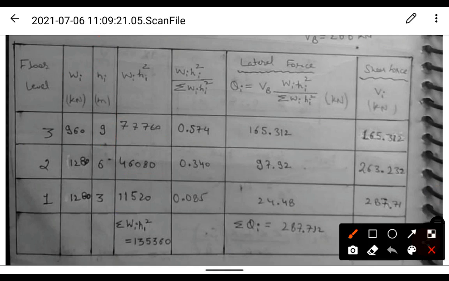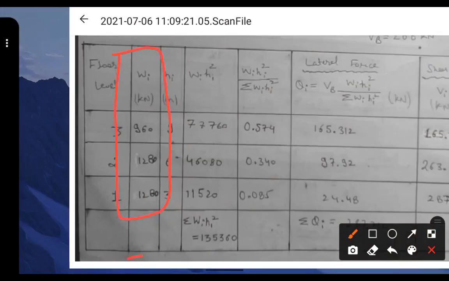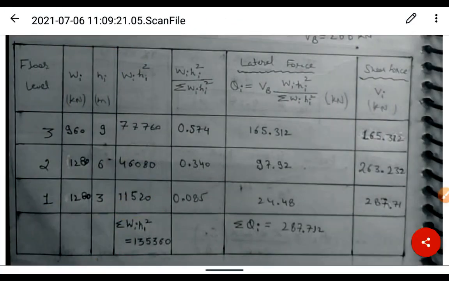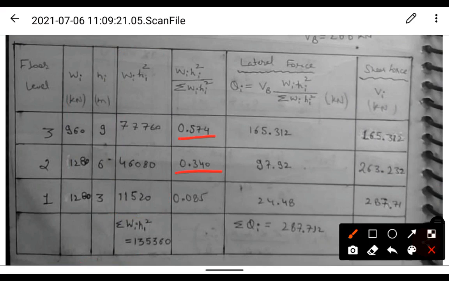After that we are going to sum up all these values of Wi hi square, which gives us 135360. Then we divide the individual Wi hi square value by the summation of Wi hi square. After that we will get these values for different floor levels, and at last we are going to find the distribution of design force for different levels of floors.